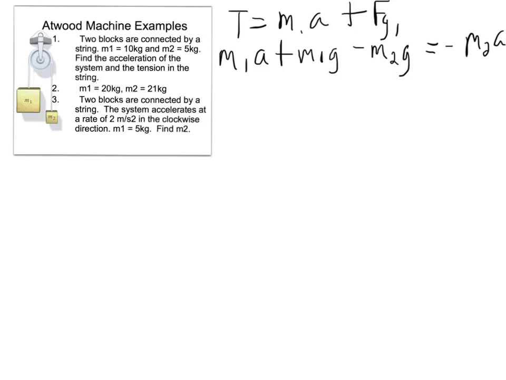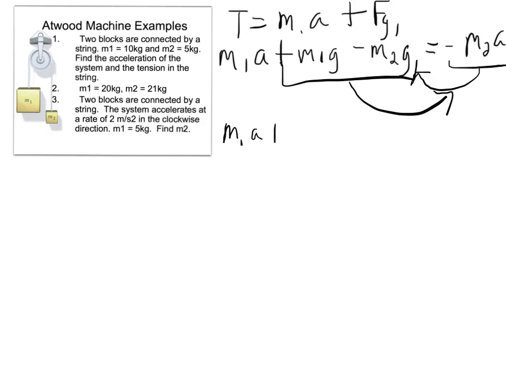I was going to solve this equation, m1a plus m1g minus m2g equals m2a, for a. In order to get the a by itself, I'm going to take this term, add it to both sides, take these two terms, subtract and add to both sides. And I end up with m1a plus m2a equals negative m1g, it was positive on the left, now it's negative on the right, plus m2g, was negative on the left, now it's positive on the right, because I had to add the negative term and subtract the positive term.